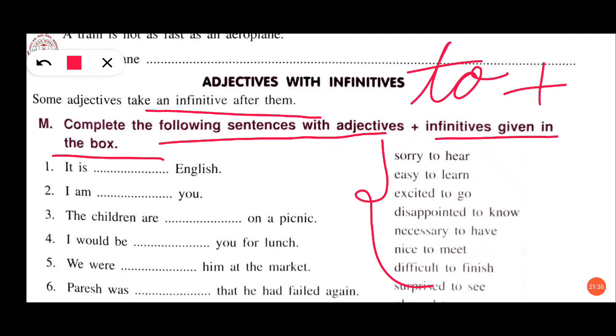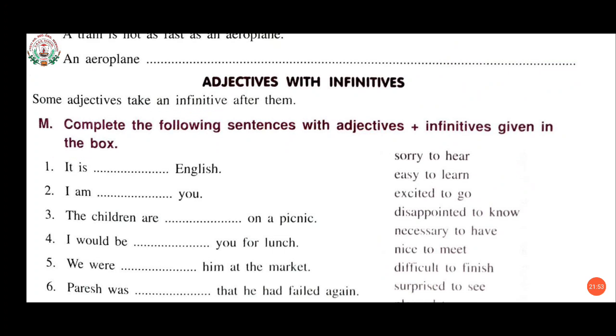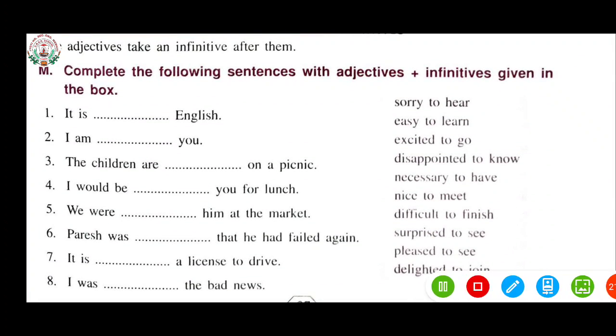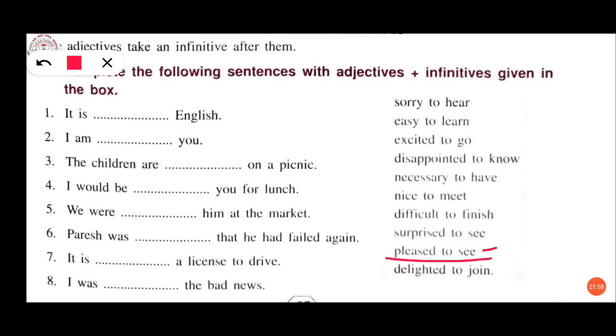So it is easy to learn. We can use this as the first one: it is easy to learn English. Likewise, the second one, I am dash you: I am pleased to see you.